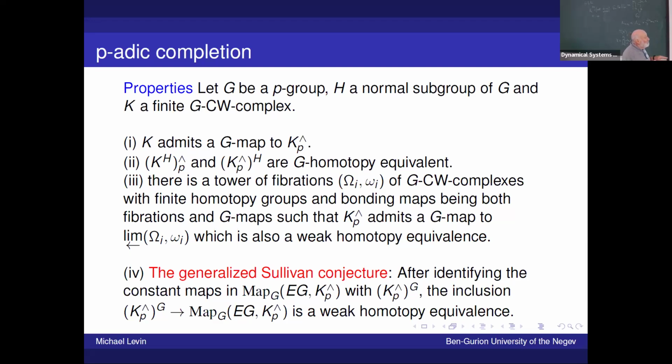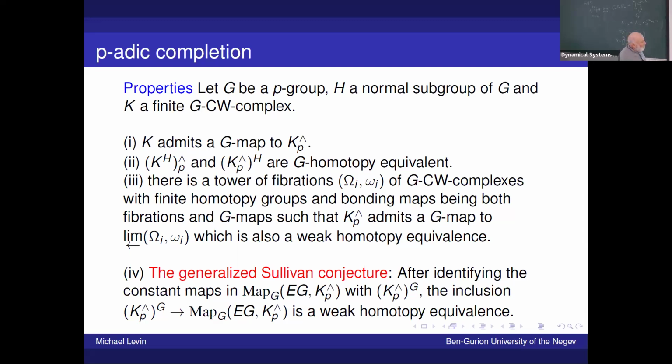The bonding maps are fibrations, but in addition to being fibrations, they are also G-maps. Then we can construct the inverse limit, which will again be a G-space. We denote this space by Ω. Then the p-adic completion of K admits a G-map to the inverse limit, which is also a weak homotopy equivalence.